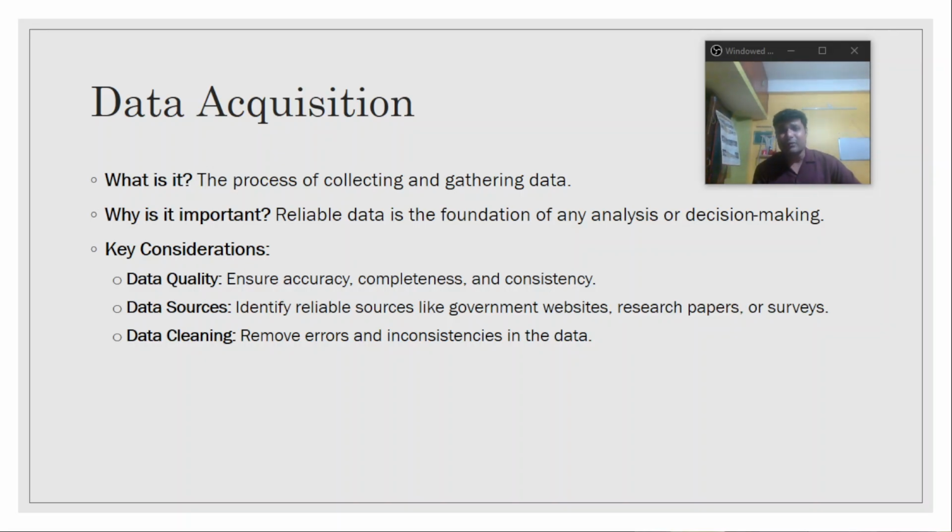This is called data acquisition. The whole process of collecting and gathering data in an organized way into simplified tables or a database is called data acquisition. Why is it important? Reliable data is the foundation of any analysis or decision making.